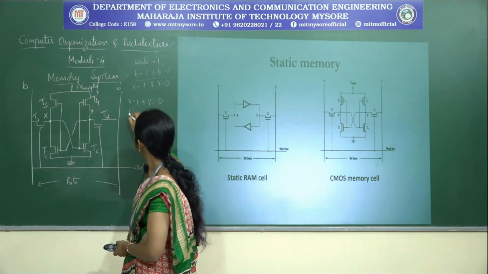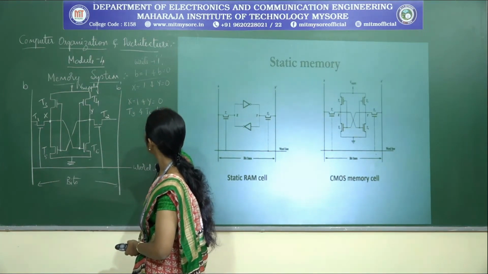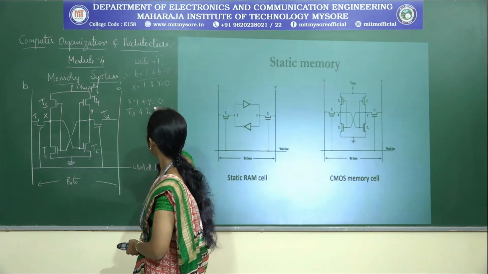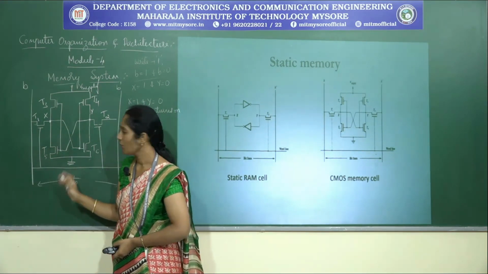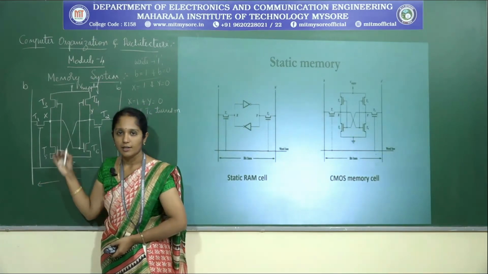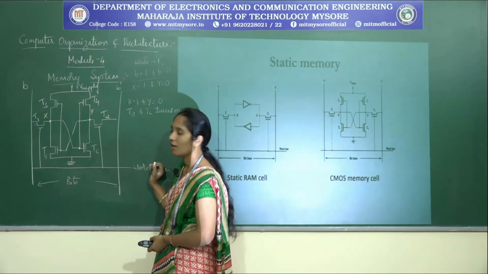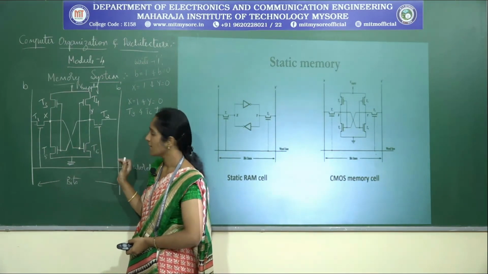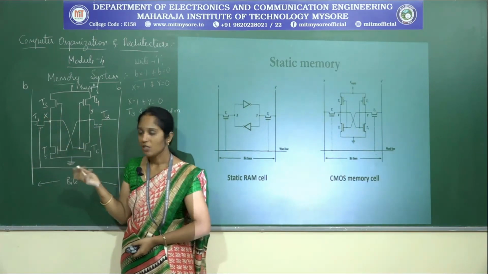Therefore, if this is the condition, then T3 and T6 will be turned on and the other transistors will be off. Whenever we want to copy or replace the data with a newer value, we activate this word line depending on the read or write bar signal. Whenever it is activated, the nodal value will be changed.